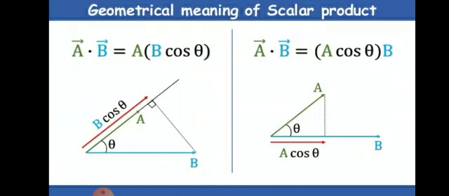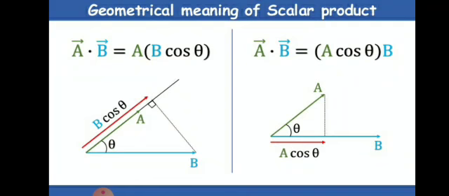Vector A dot vector B is equal to A times B cos theta. Now here is the diagram. It is the projection of B on A. The projection of one vector on another vector is shown below.